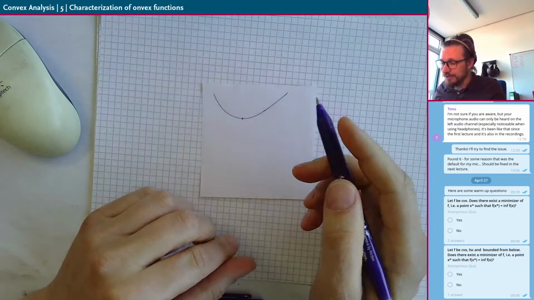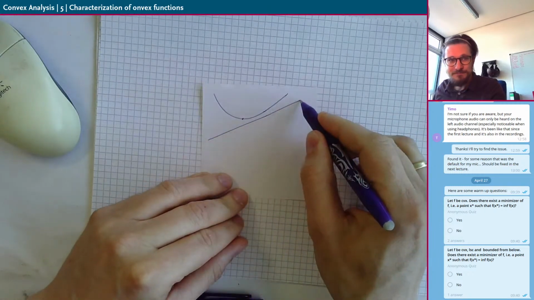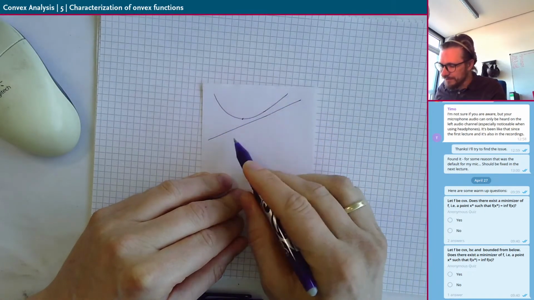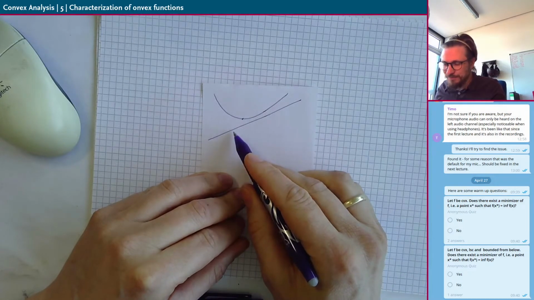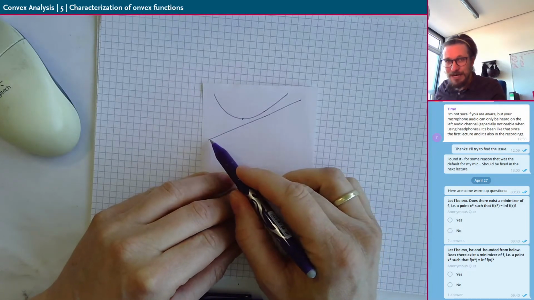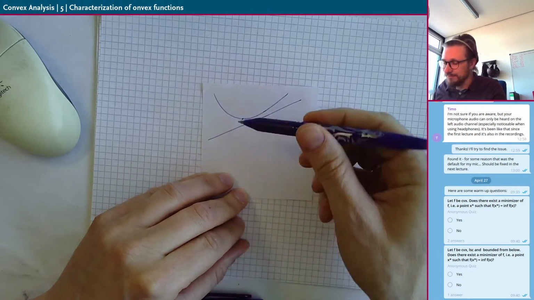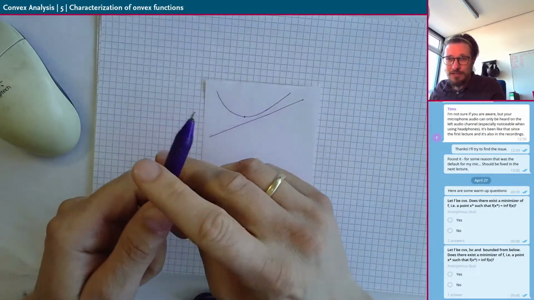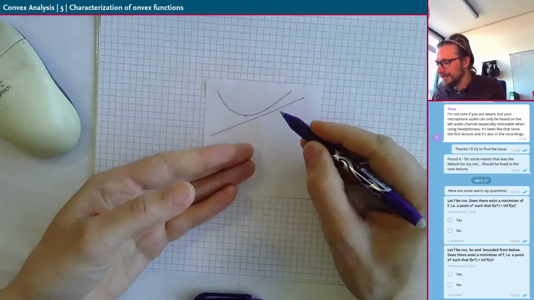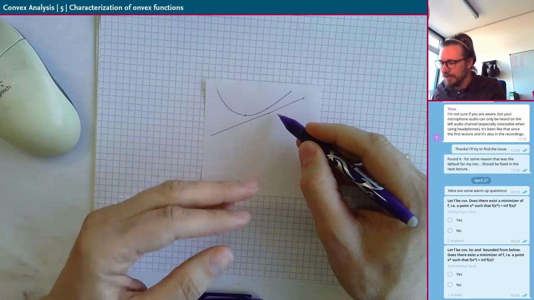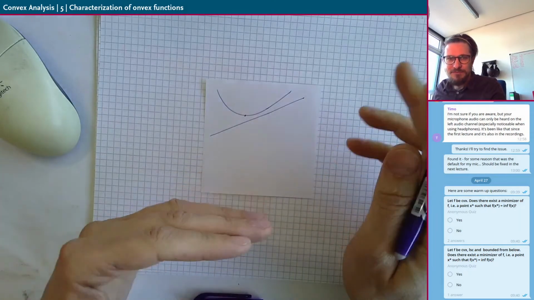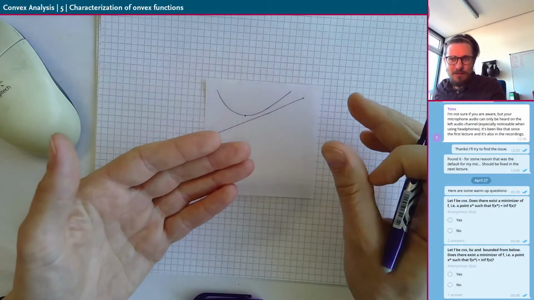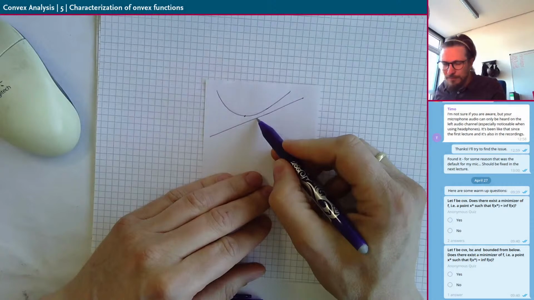We talked about affine functions also being convex. If this is also a convex function, then it may even be unbounded from below. It may just go way down, so the answer is obviously no, once you've realized that this is also still convex, because the infimum may not even exist.